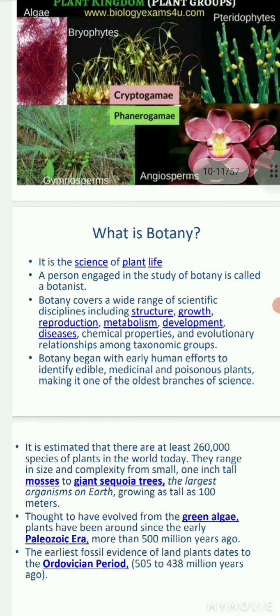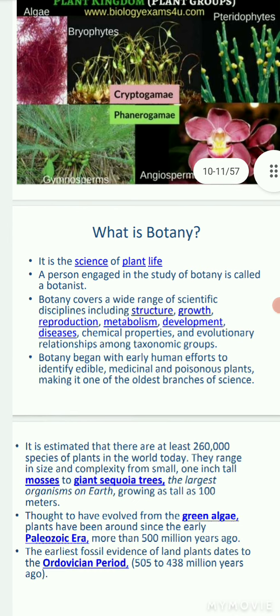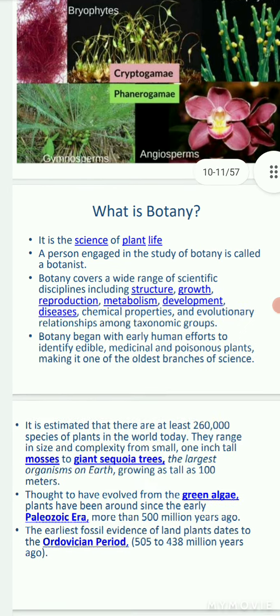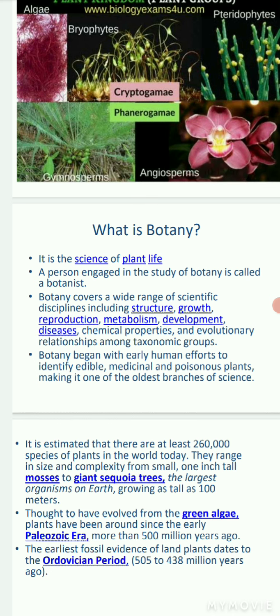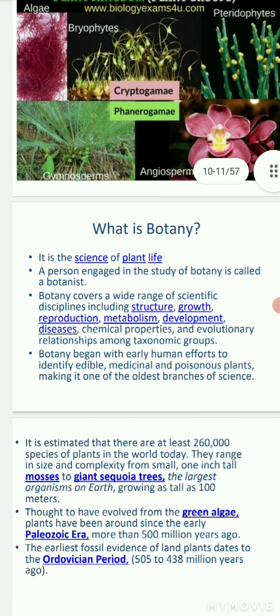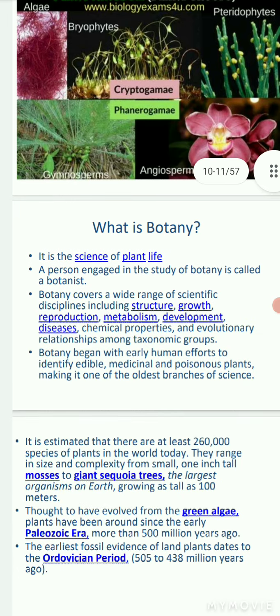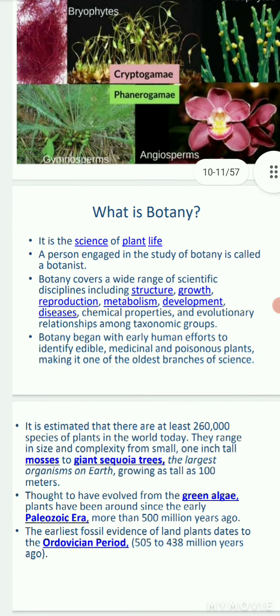So first of all, what is botany? Botany is the science of plants. When we talk about science, at that time we see many plants around us, and when we study about them, that is botany. A person engaged in the study of botany is called a botanist.